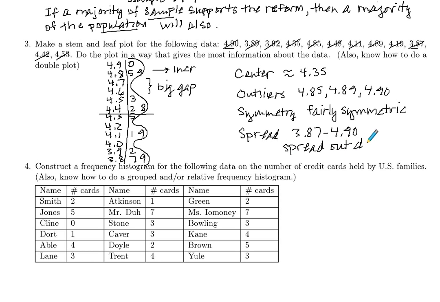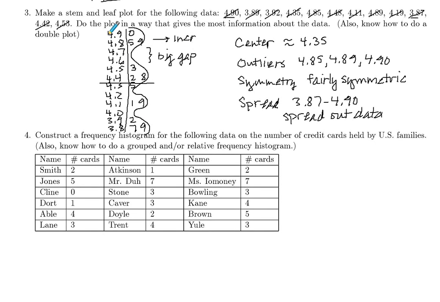As opposed to if we had all of the data just between 4.2 and 4.5 with just one outlier or something. That would be fairly concentrated data. But this is pretty spread out. And then also remember in the homework we did back-to-back stem and leaf. So it's possible I could change this and ask you a back-to-back stem and leaf.